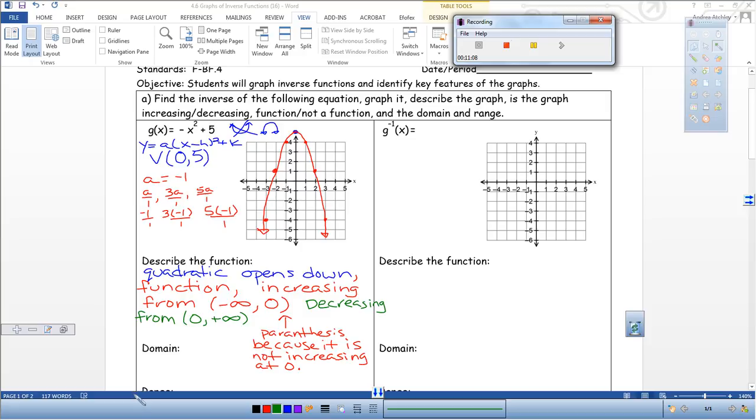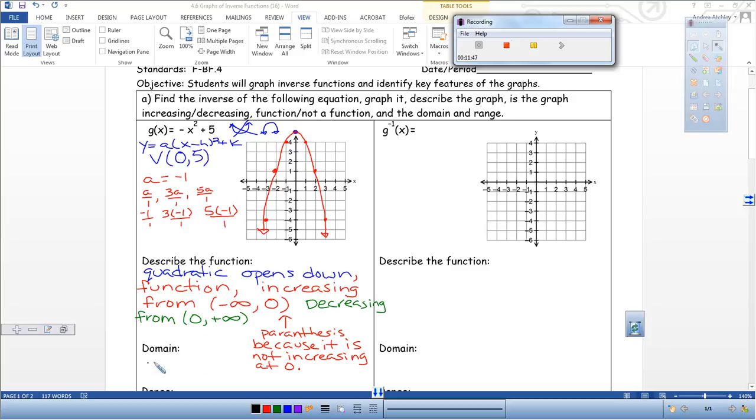Okay, then we're talking about the domain. The domain are all my x values, going from left to right. Since my parabola gets wider forever and ever, there's no limit to how far left or how far right it can go.